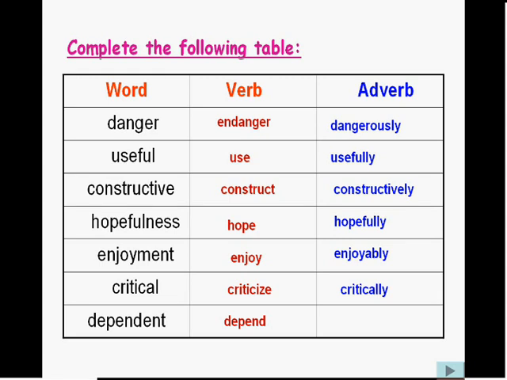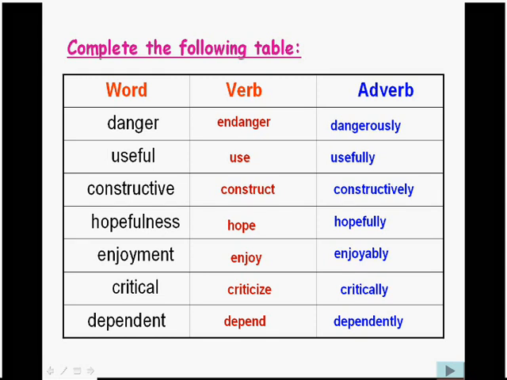He needs her help. And the adverb is dependently. Okay? Again, dependent is the adjective. As we said, the clue here is that if I have the adjective of the word, then it's very easy to put ly at the end of the word, and then it's going to be what? An adverb.